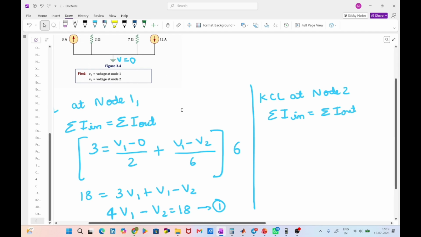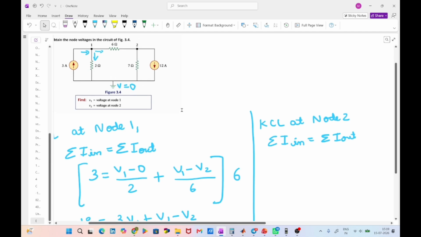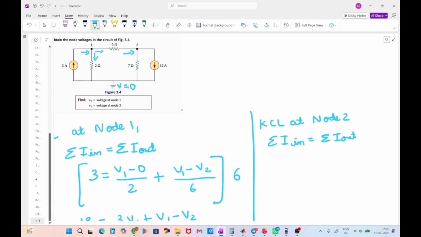The current entering here is V1 minus V2 by 6, and the current moves this side, and this side they have given 12 ampere, right? So V1 minus V2 by 6 is equal to V2 minus 0 by 7 plus 12.